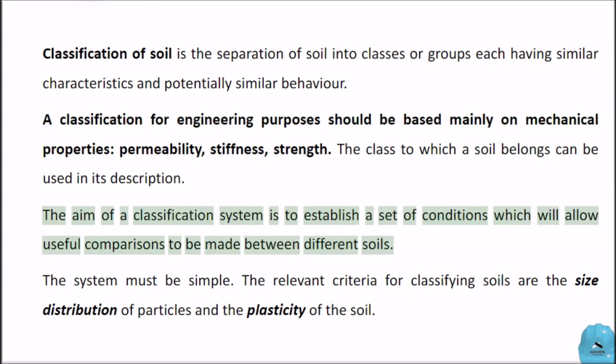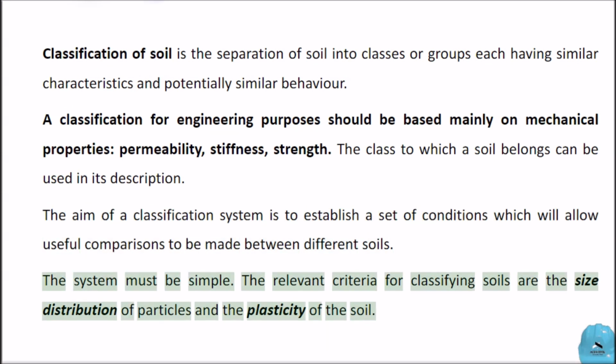The aim of a classification system is to establish a set of conditions which will allow useful comparisons to be made between different soils. The system must be simple. The relevant criteria for classifying soils are the size distribution of particles and the plasticity of the soil.